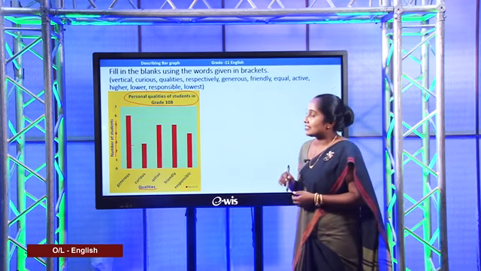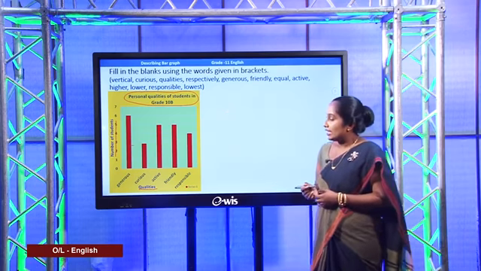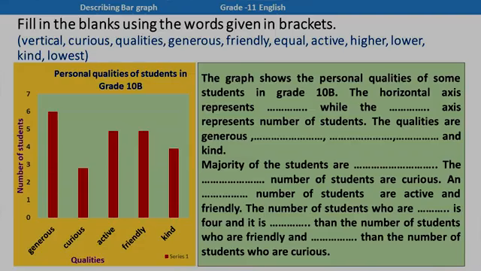The vertical axis represents number of students, while the horizontal axis represents qualities. Okay, you can see the qualities are given there. What are the qualities? Yes, generous, curious, active, friendly, kind. Right? Now with that idea, let's move to the question.